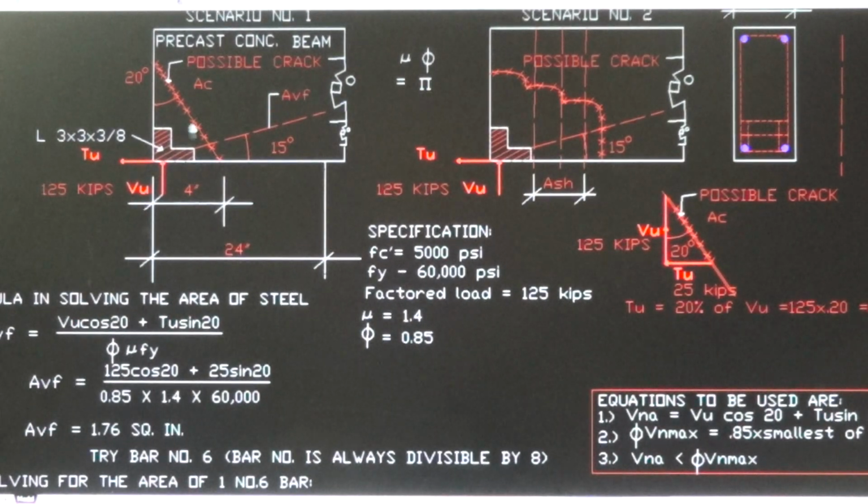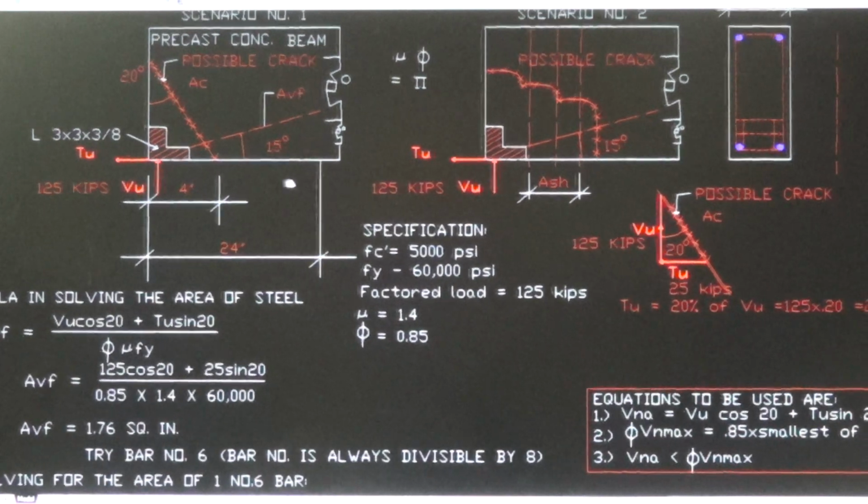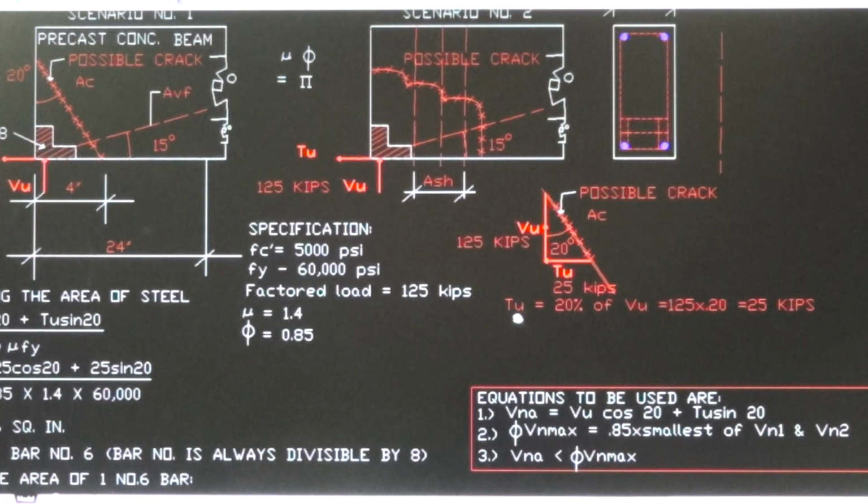Since we designed this based on the actual shear load, which is 125 kips, and because of the 125 kips applied to the steel angle, there is a horizontal force holding the beam horizontal and in place. The magnitude of the force TU is 20% of the VU.